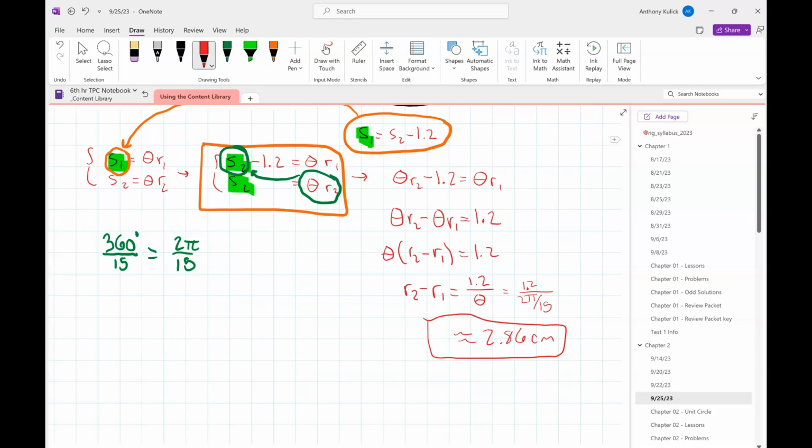Would I expect you to do something this intricate on a test or a quiz? No. That was a lot. There's a lot of algebra, there's a lot of reading and interpreting. There's almost nothing given to you for free in that story problem.